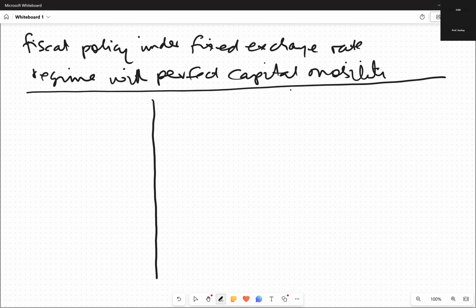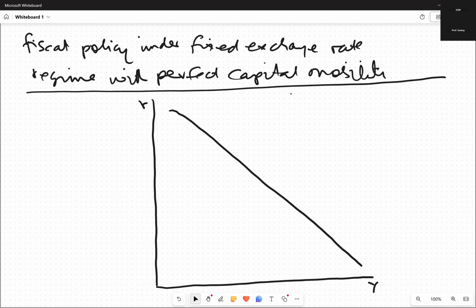This is income, remember, and this is the interest rate axis. This is our initial IS curve, call it IS0.